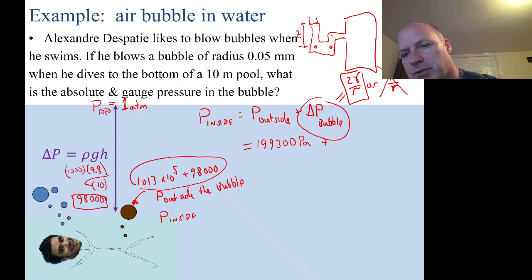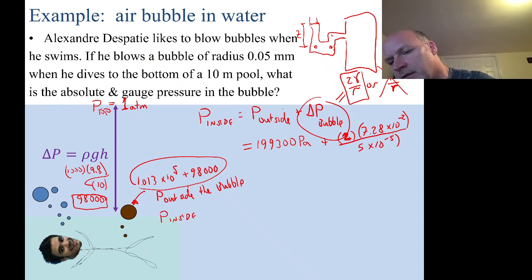The pressure of the bubble is going to be 2 times gamma of water, 7.28 times 10 to the minus 2, divided by 5 times 10 to the minus 5. That's the radius.